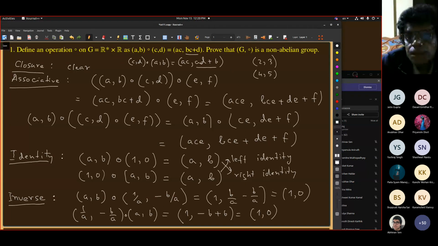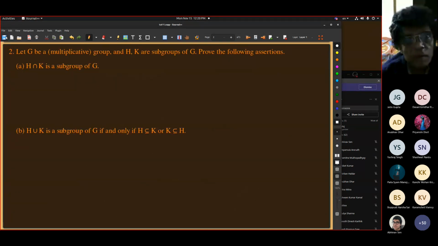Okay, good. So this is just a kind of verification exercise, just to brush up your knowledge of the basic definition of groups. So this is an interesting exercise.